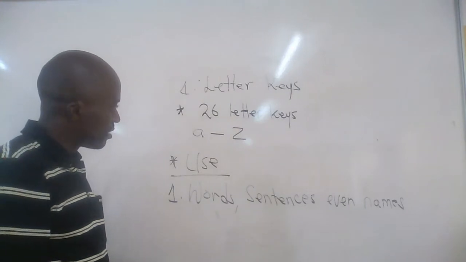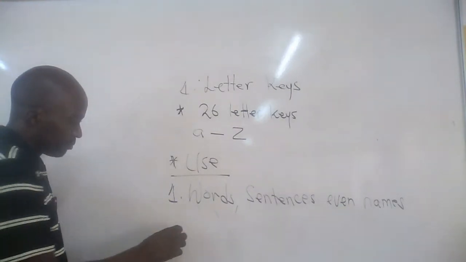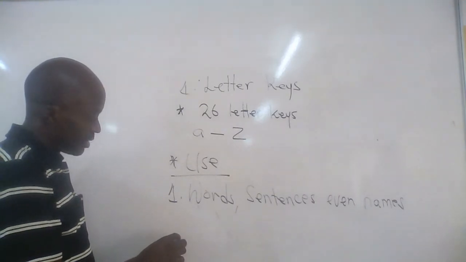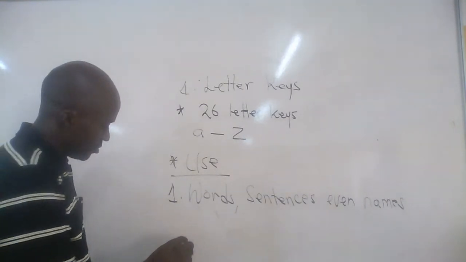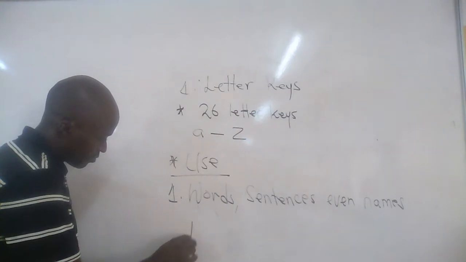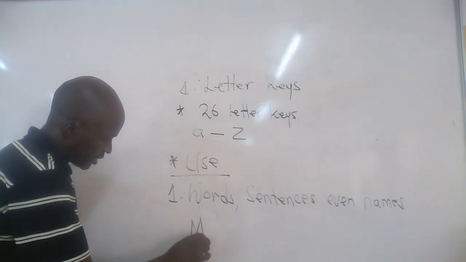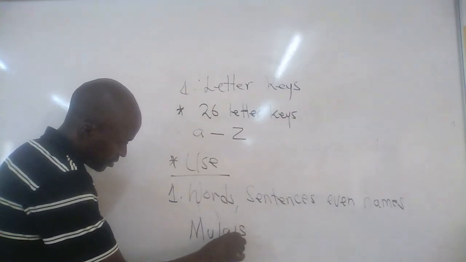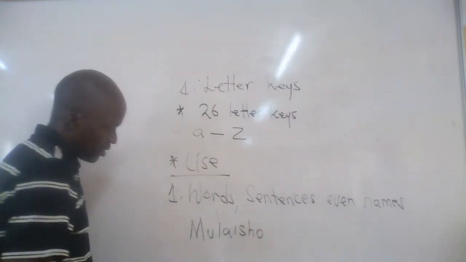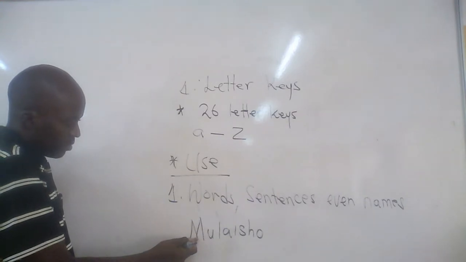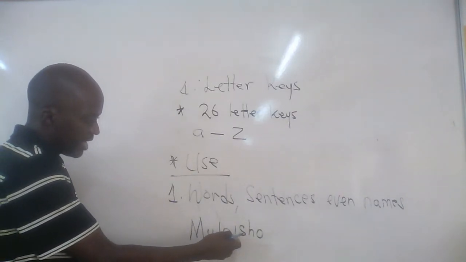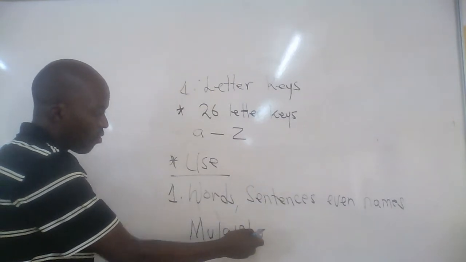I'll give you an example. My name. Most of you call me Mr. Mura, but my name is Mulaisho. So, Mulaisho is written like this: M-U-L-A-I-S-H-O.